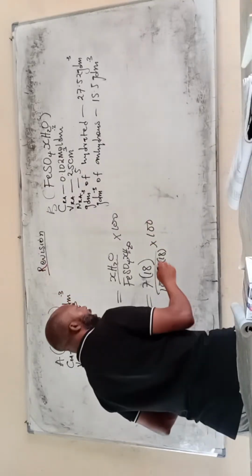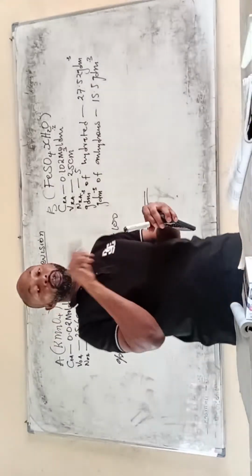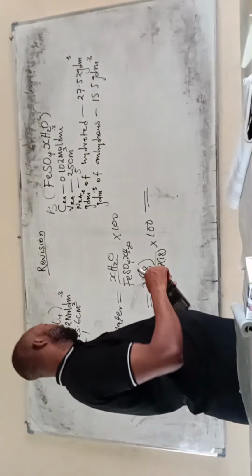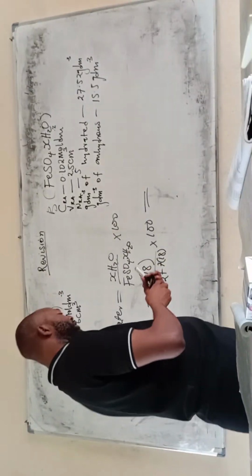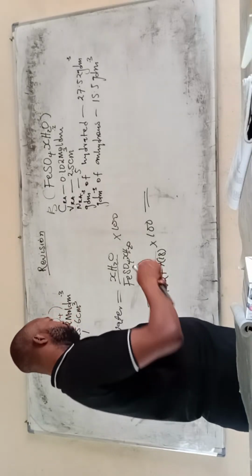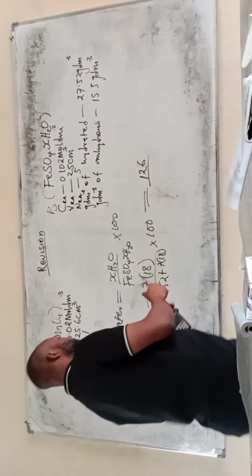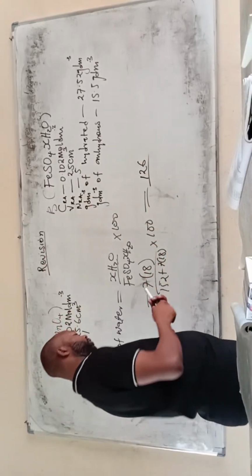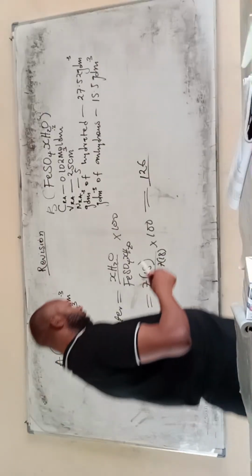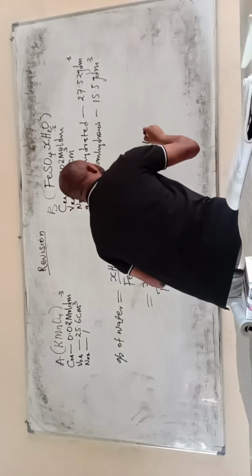Now if I do that, this is what we're going to get. 7 times 18 will give us 126, over 126 plus 152, which is 278, times 100.